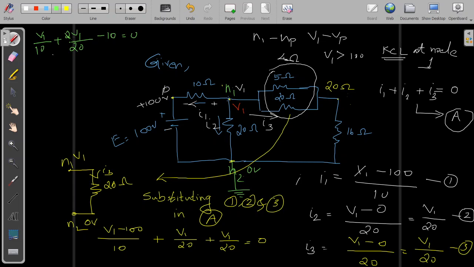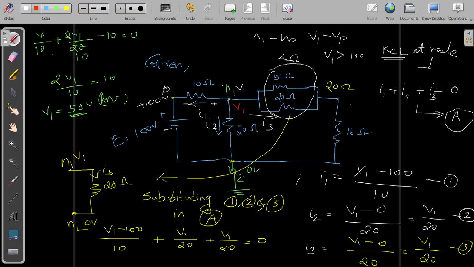So 2V1 by 10 equal to 10. That means V1 equals 100 by 2, that's equal to 50. So I found the node voltage V1 by applying KCL as 50 volt.